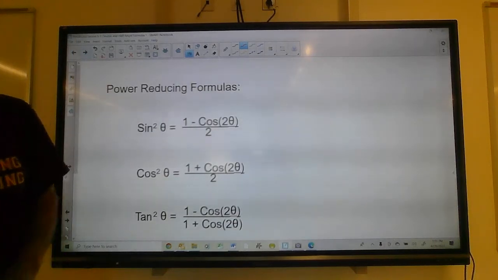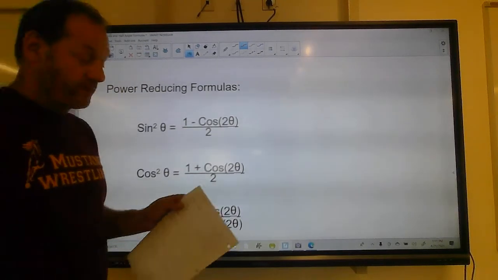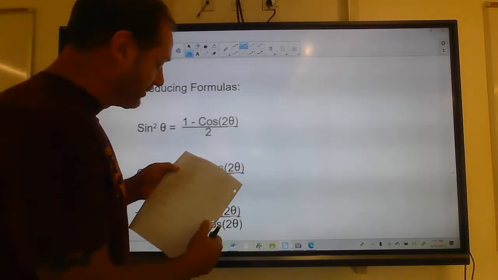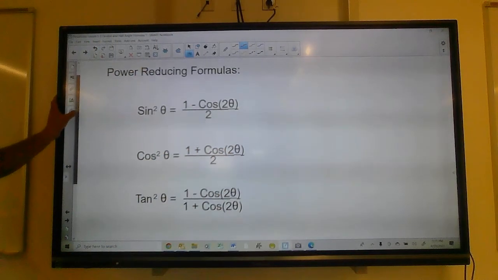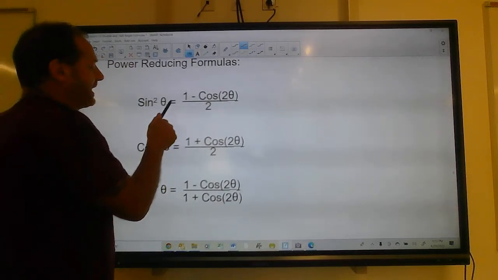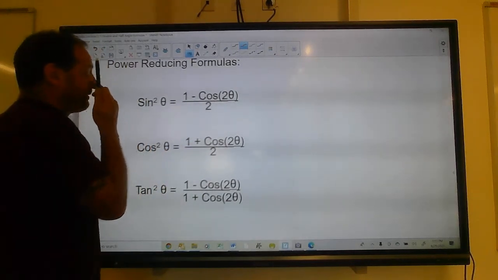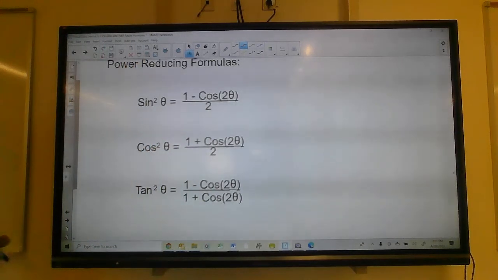Okay, now we have power reducing formulas. You can find power reducing formulas on the top of the back page of your note sheet. Okay, so they're exactly that. It takes sine squared, and I can reduce that and get rid of the power here, so I can change it to 1 minus cosine 2 theta over 2.